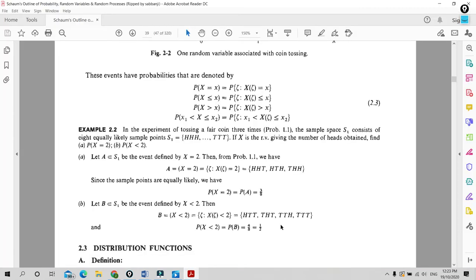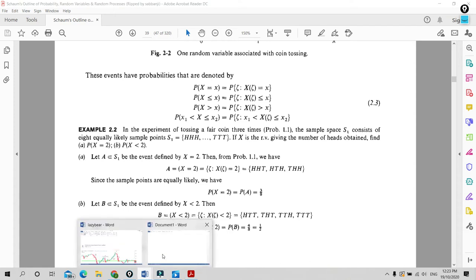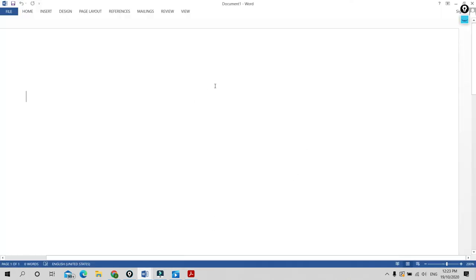So in terms of probability, now I want to find the probability. So we go back to the definition just now. The sample space, or the zeta value.